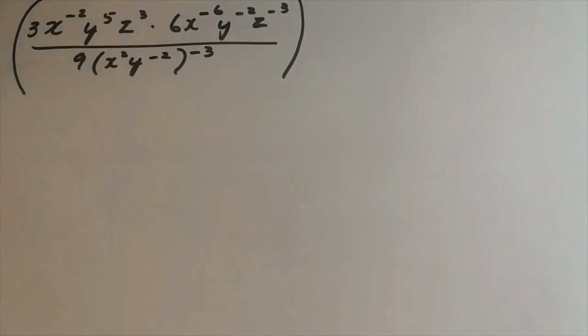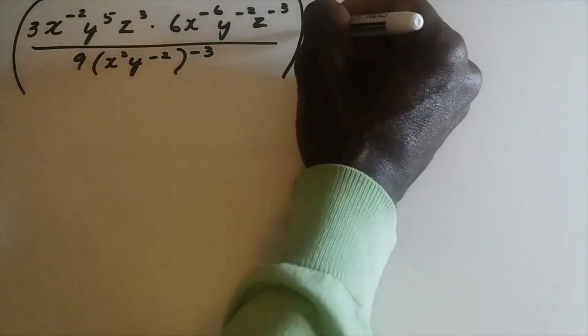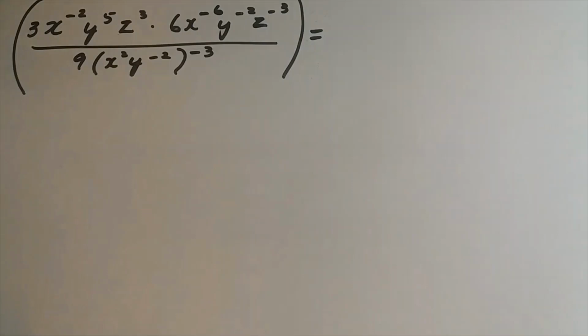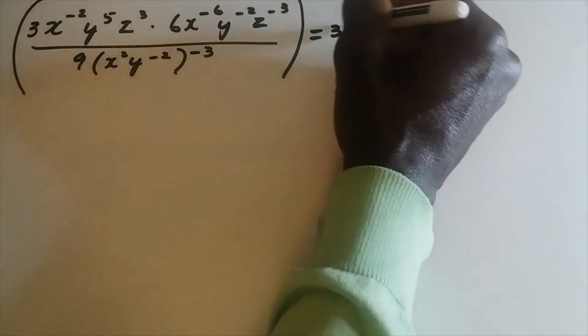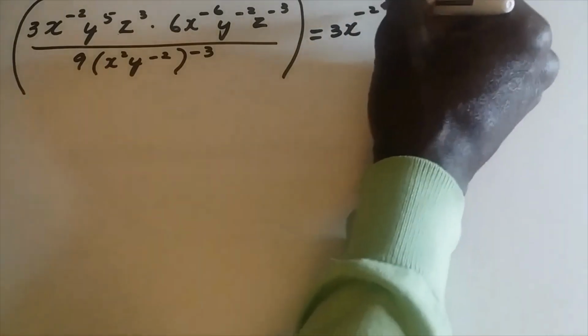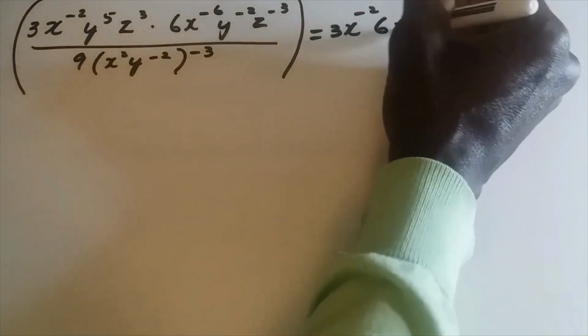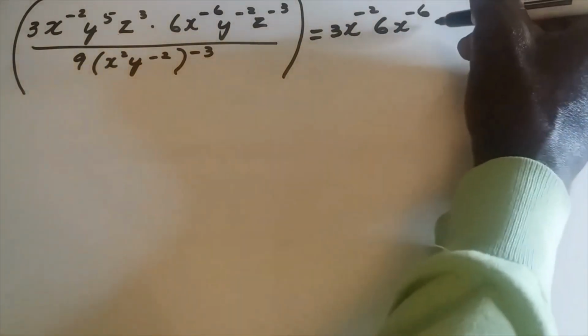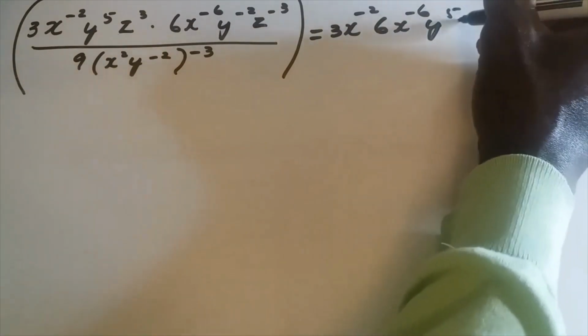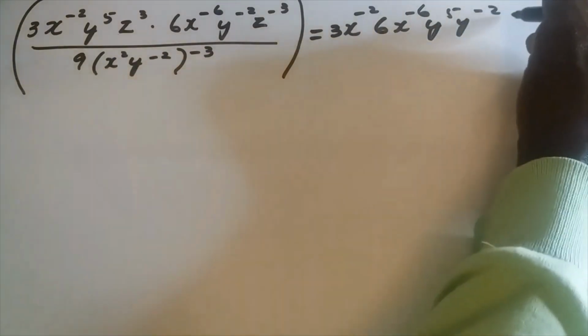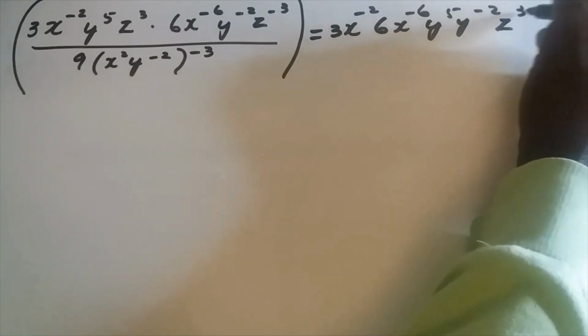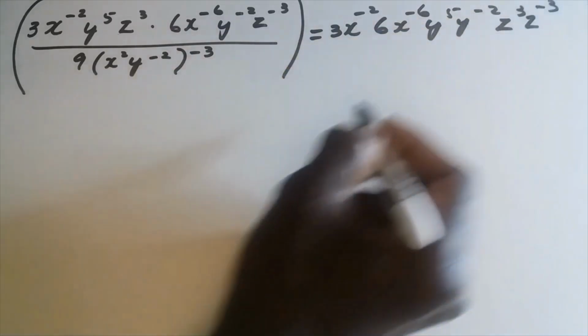Hi, here's our polynomial with positive and negative exponents, and we'd like to simplify this. So we'll go ahead and group like terms. So we have 3x to the minus 2, we have 6x to the minus 6, y to the 5th, y to the minus 2, z cubed and z to the minus 3.